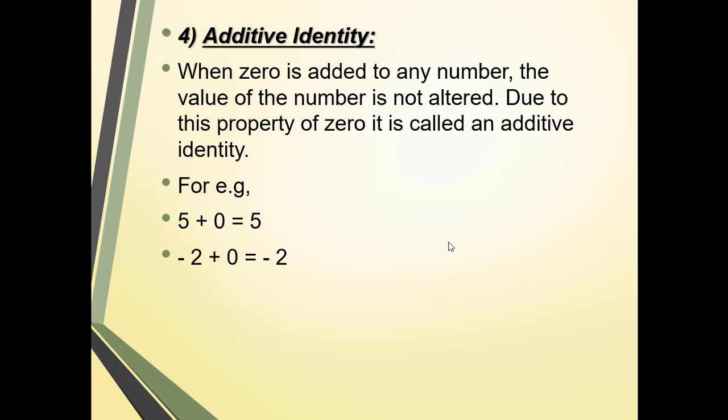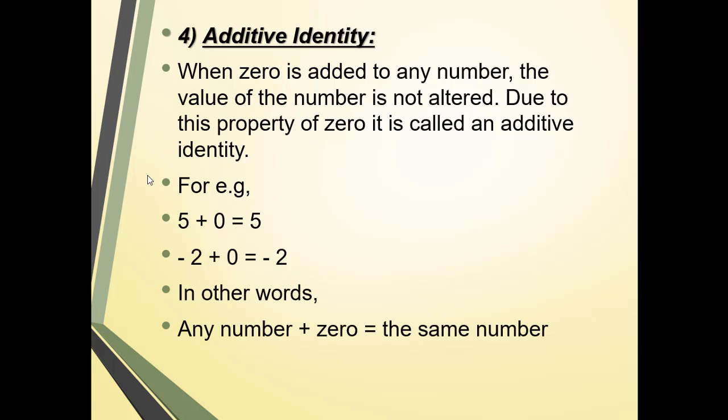So if we add 0 to any number, we will get the same number. This property of 0 is known as the additive identity. In other words, any number plus 0 is equal to the same number.